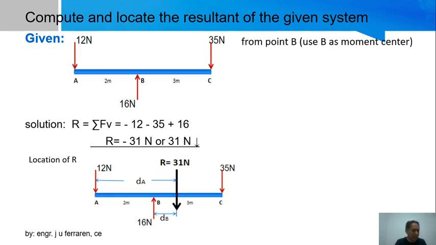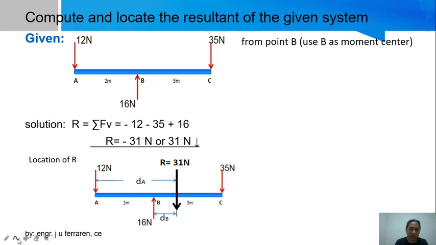Now, considering B as my moment center, this is my B and my R is here. If your R is applied, then there is a rotation made on the body. In that case, it is clockwise.